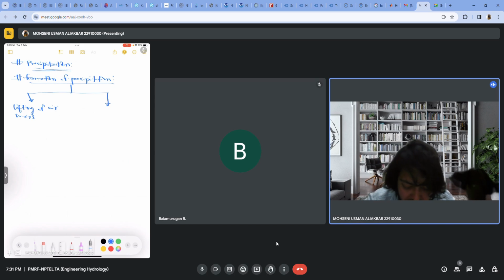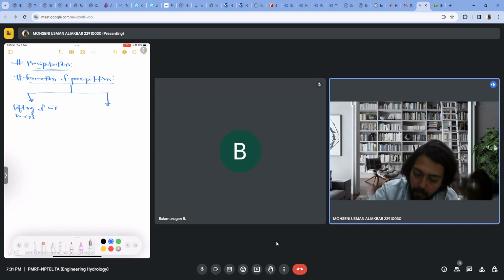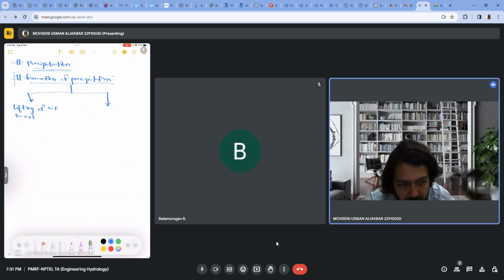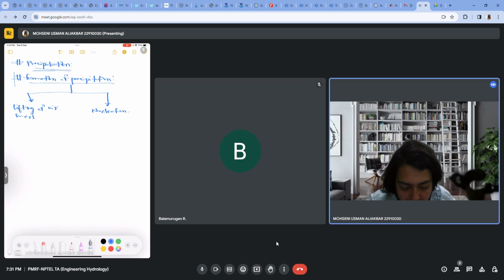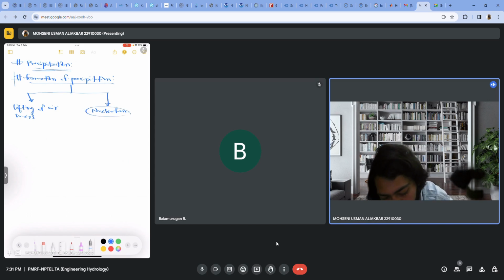Lifting of air mass means evaporation has just started and the vapor is traveling into the atmosphere. And the next part is called nucleation. Nucleation means the part before the condensation begins. So we can cover the formation of precipitation in these two parts, lifting of air mass and nucleation.